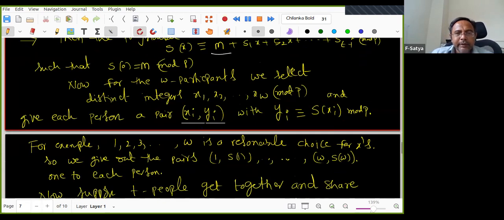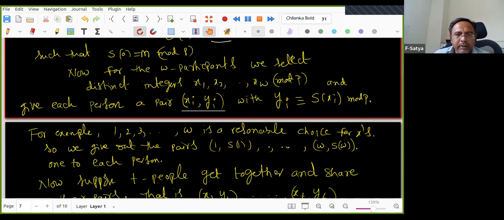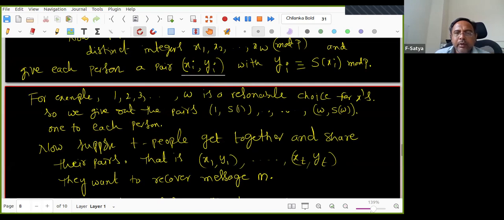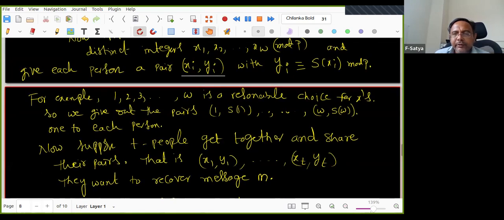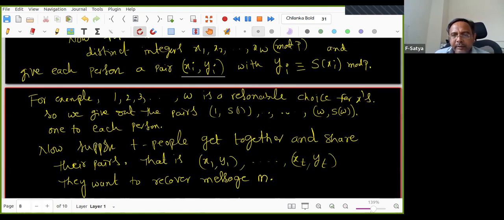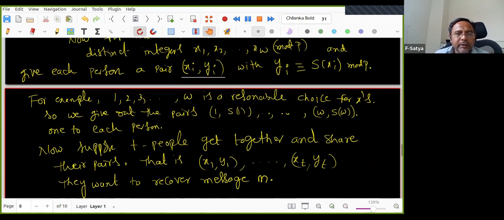For example, for these distinct numbers, I can take 1, 2, up to W, right? 1, 2, 3, up to W is a reasonable choice for x. So we get the pairs: 1, S of 1, and so on up to W, S of W. Is it clear? So one pair to each person: (1, S1) given to the first participant, (2, S2) to the second participant, like that (W, SW) given to the W-th participant.